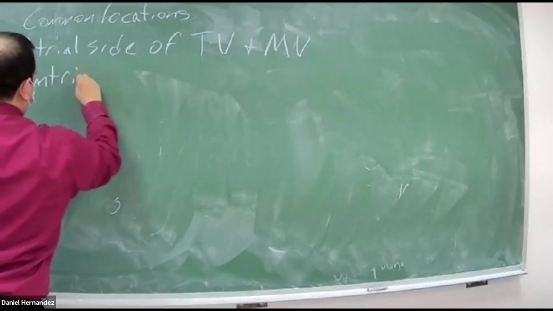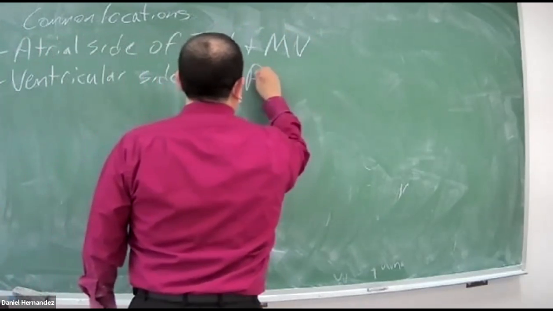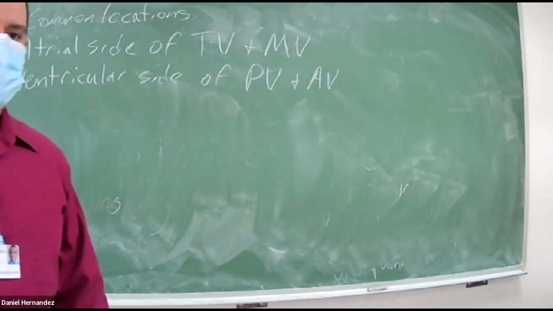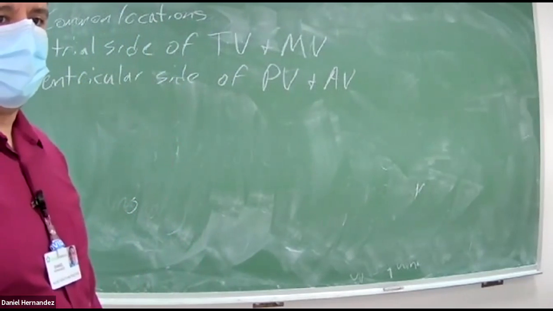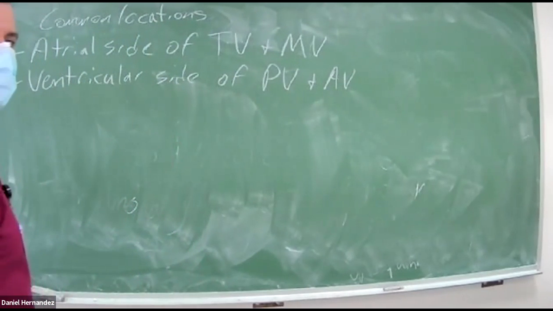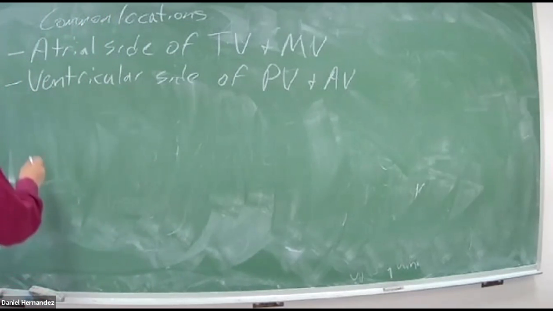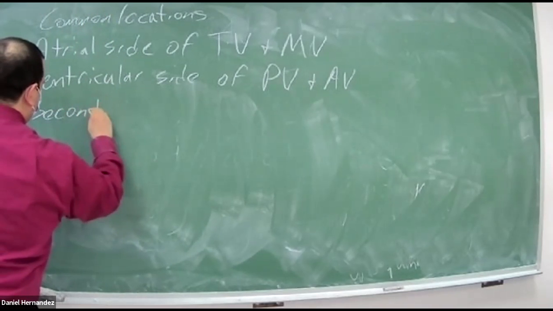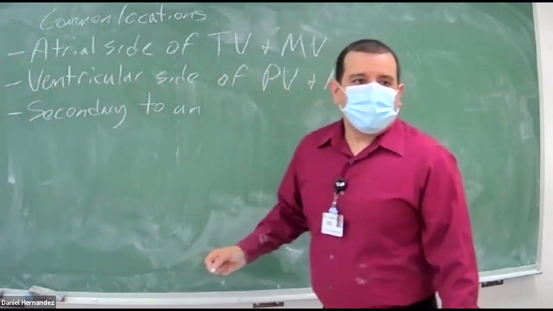On the ventricular side, the pulmonic and aortic valve. And also secondary to any jet lesions.